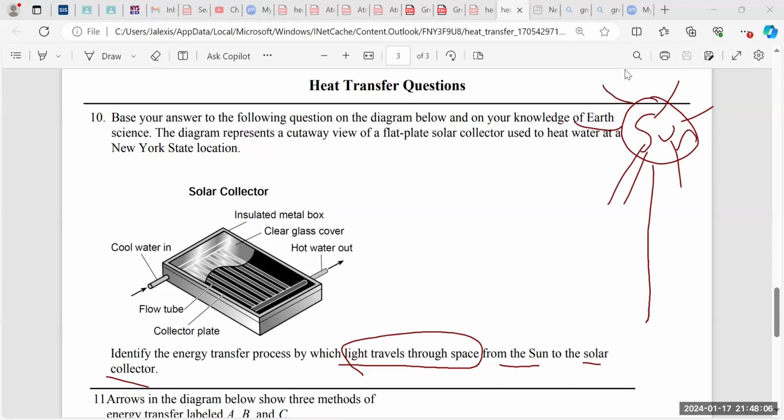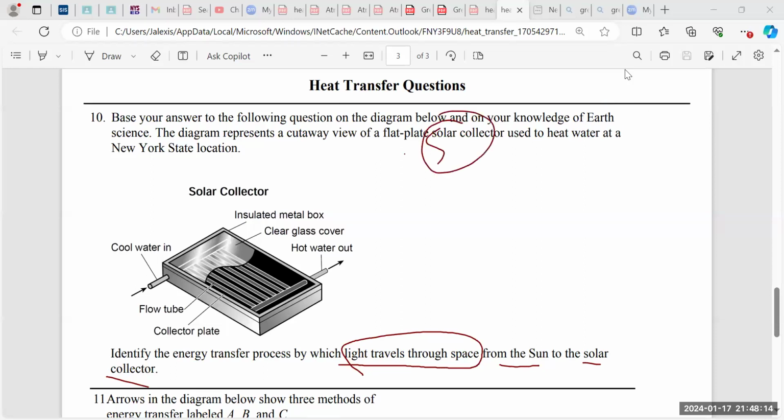So we have light that travels through space. Let me put the sun right here, where we have light going directly from the sun to the solar collector. If we have any type of energy that is traveling through space in order to heat up an object, and there's no physical contact taking place, we know that deals with only one process, and we took notes.